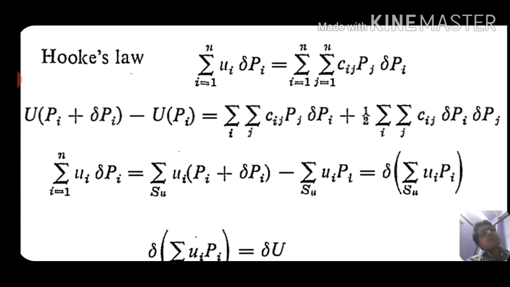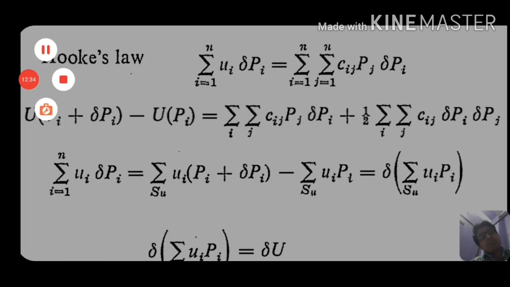The last term is a small quantity of the second order. If delta Pi are infinitesimal, it can be neglected in comparison with the first term. So we shall write the difference above as delta U.